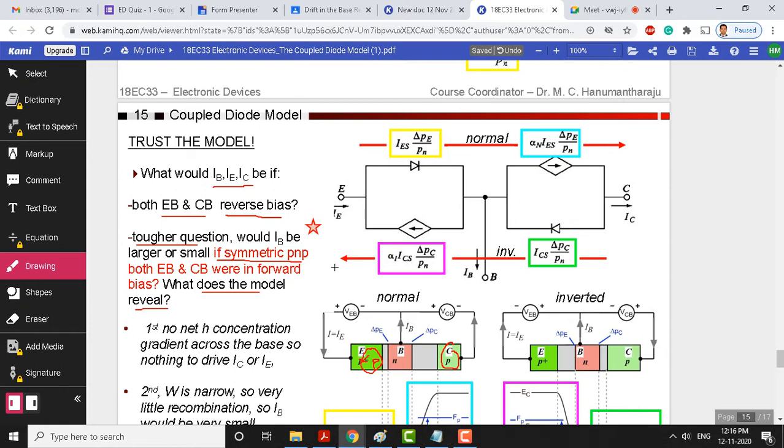And we are forward biasing both the emitter base and collector base junctions. Since it is a PNP transistor, the emitter will be connected to the positive terminal of the battery, and the base is negative, this is N. And the collector, since this is also P type, we connect to the positive terminal and the base with negative. That means we have forward biased both the collector base junction and the emitter base junction. Now, under this condition, we would like to know the base current, whether it is large or small.